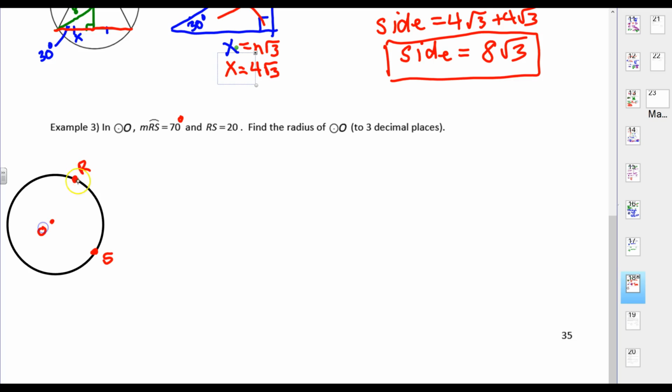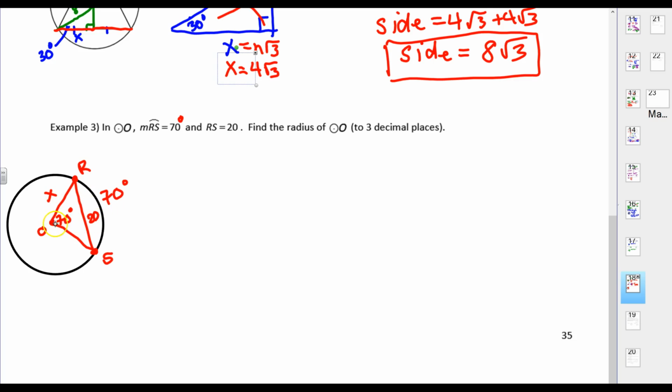This is circle O. And we know that arc RS is 70 degrees, which means this angle here would also be 70 degrees. And we know that from R to S itself is 20. This is 20. Now, I want to find the radius. I'm going to call this guy x. This isn't terribly useful as it is right now, but I can do something kind of cool.